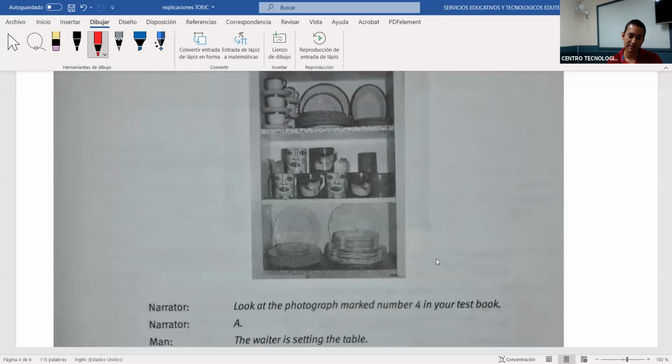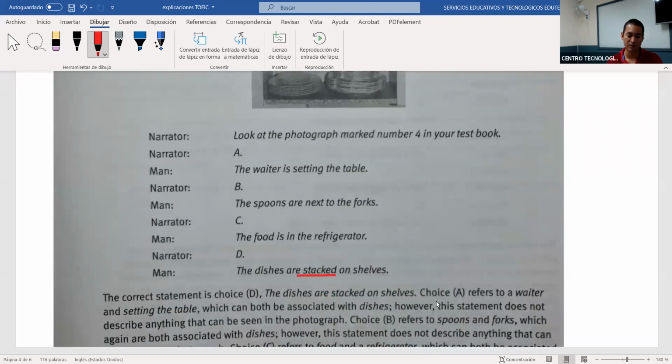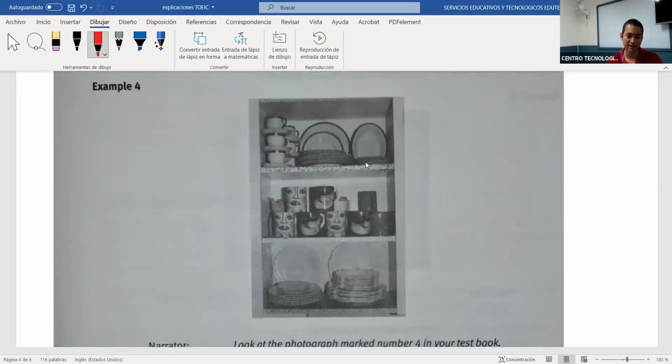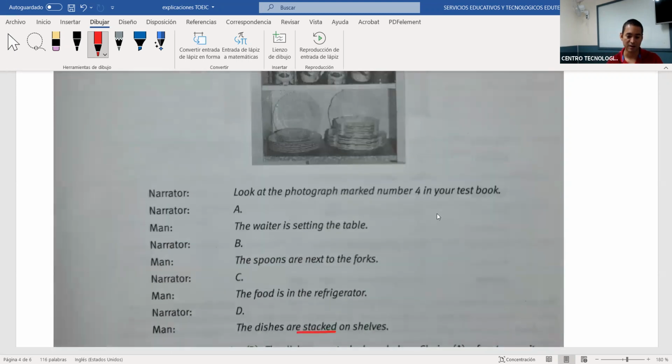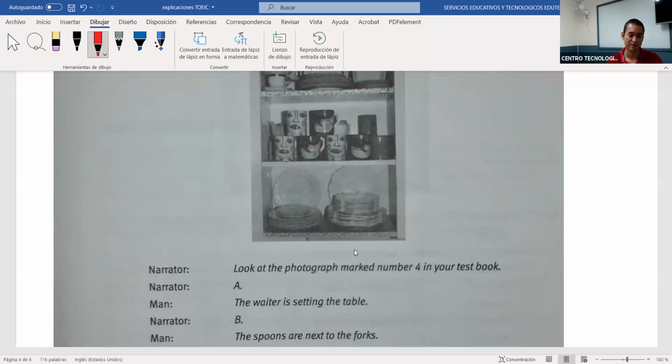The food is in the refrigerator, completely irrelevant. And the dishes are stacked on the shelves. So stacked are like apilados. And actually you can see here there are some plates, and they are stacked on the shelves. So choice D is the best choice.